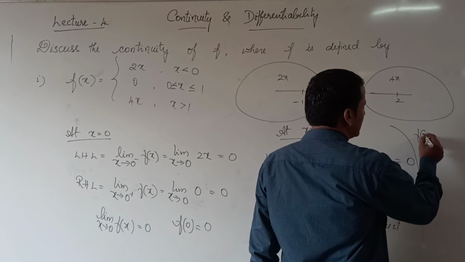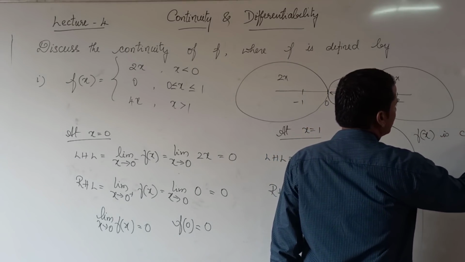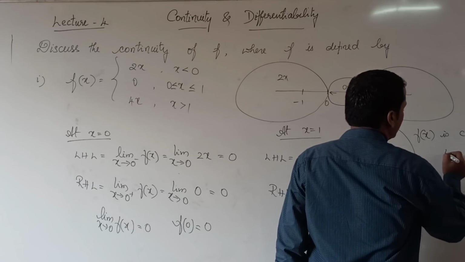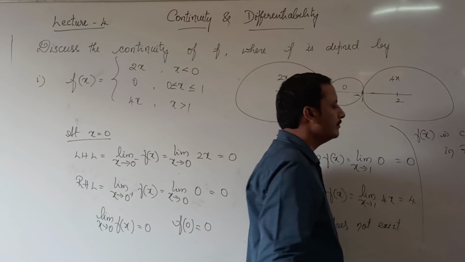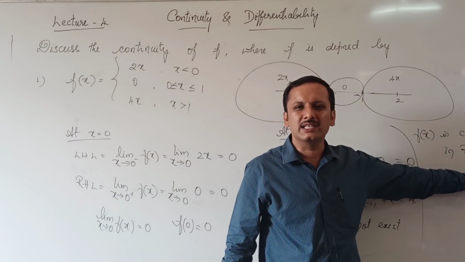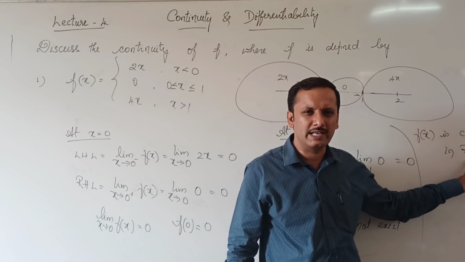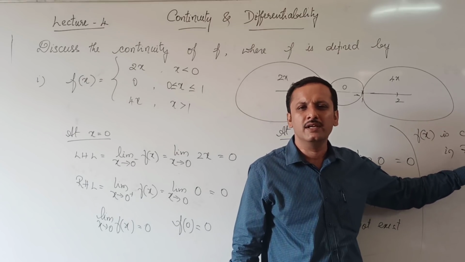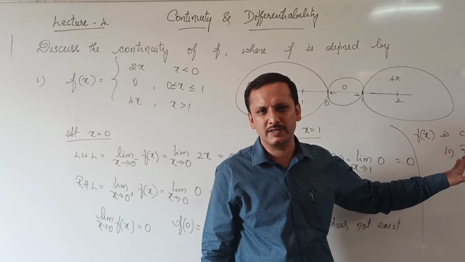F of x is continuous in R minus 1. Continuous in R minus 1. It's saying yes, it is continuous in the set of all real numbers except at 1. So at 1 it is discontinuous, everywhere else it is continuous.